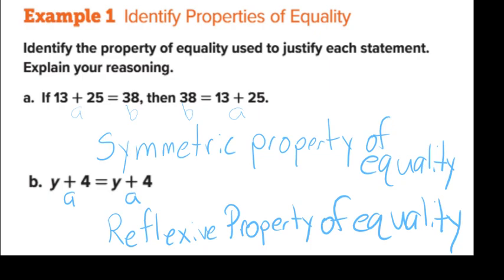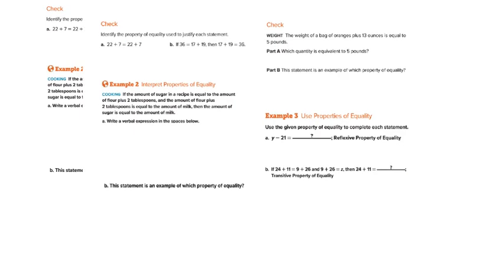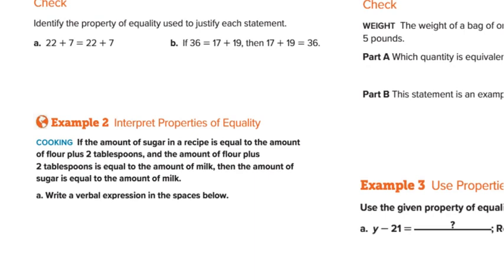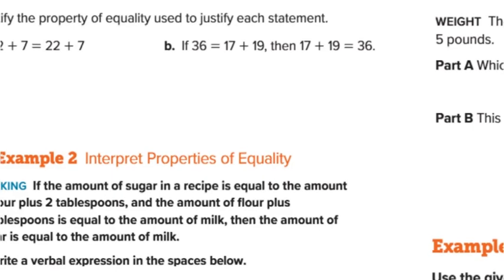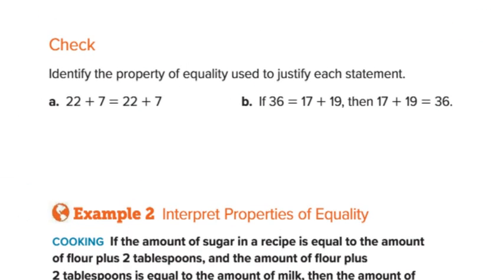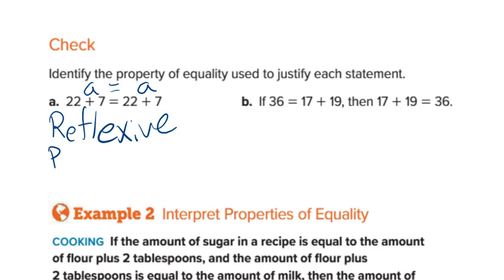If we go to the next page, it's the same thing here at the first part. We let this first one, A plus 7, be A, and it says equals 22 plus 7, I called that A. So this one is also the reflexive property of equality.